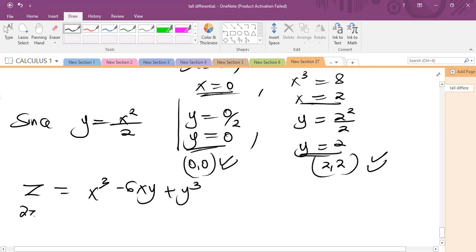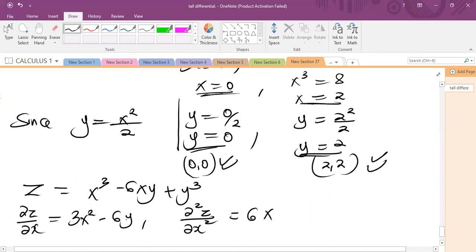So what is the ∂z/∂x? We already did that, but let's just do it again: 3x squared minus, differentiating with respect to x, 6y plus 0. What is ∂²z/∂x²? Differentiating this again with respect to x, this will be 6x, and the other side gives 0.